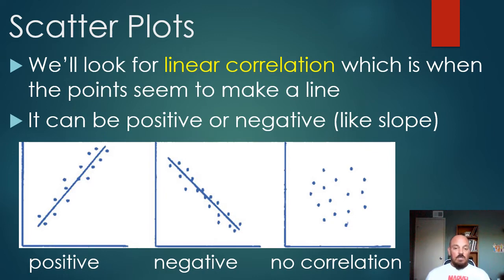Now the second one has negative correlation because it's decreasing, down, down, down, down, down. And the third one, just like in our first picture from today, has no correlation at all. So just think of it like slope. When the slope of a line is positive, the line is moving up as you go from left to right. When the slope is negative, the line is moving down or decreasing from left to right. Same thing here.